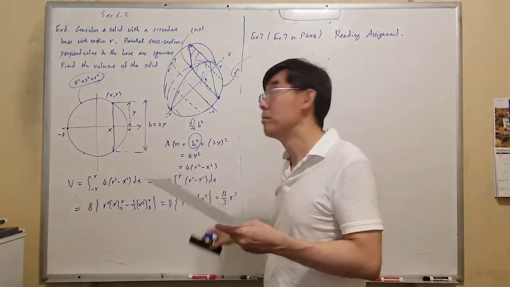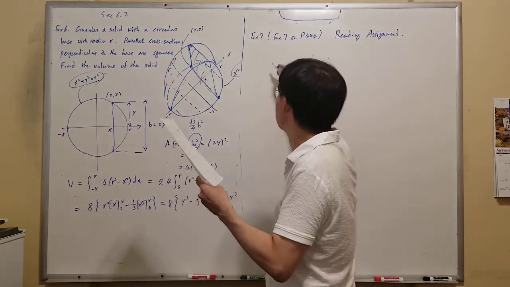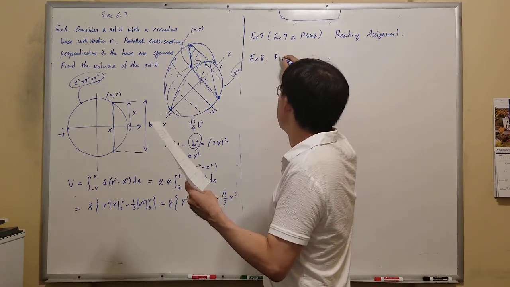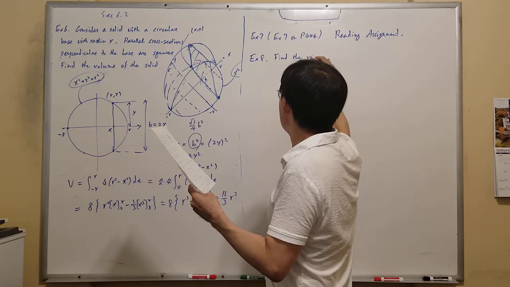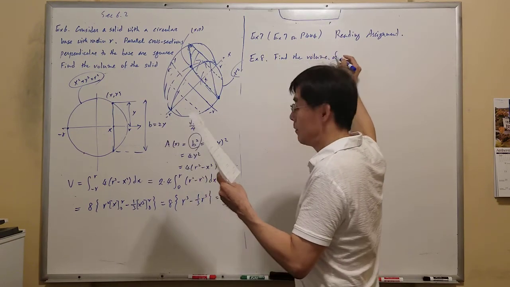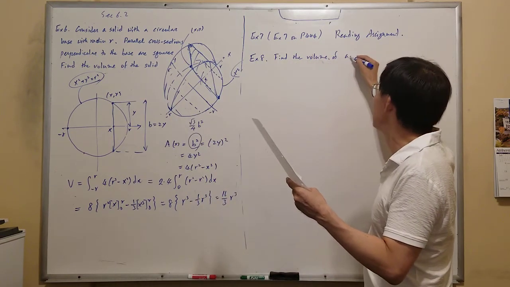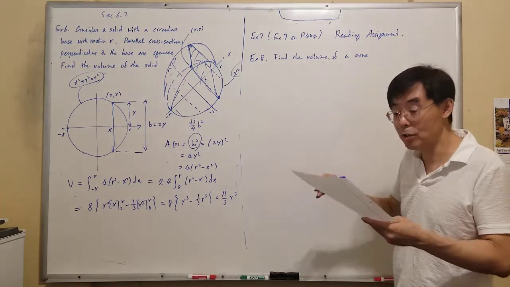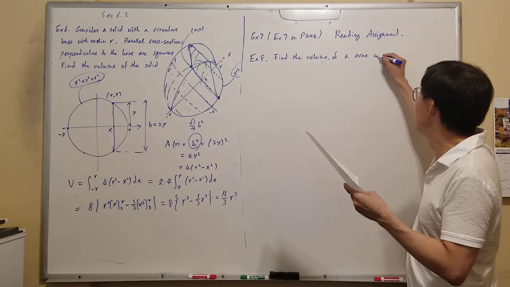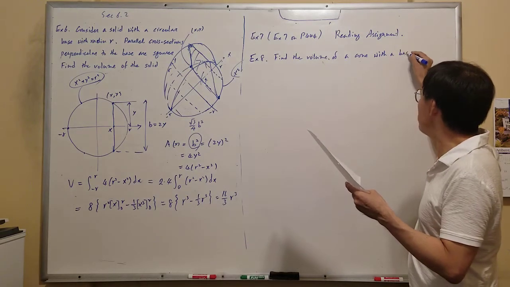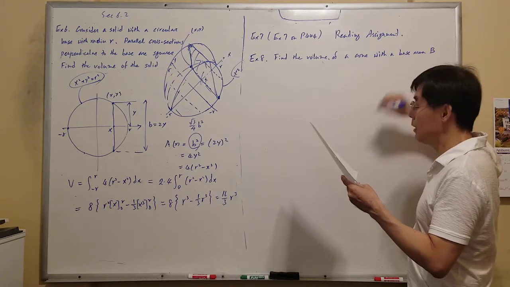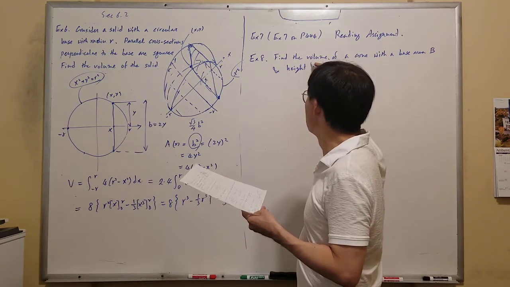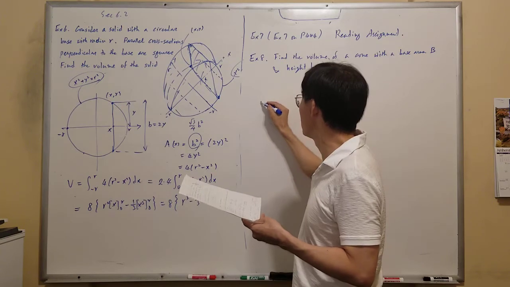Now, example 8. Find the volume of a cone, a general cone, not just circular cone, any cone, with a base area B and height H. So something like this.